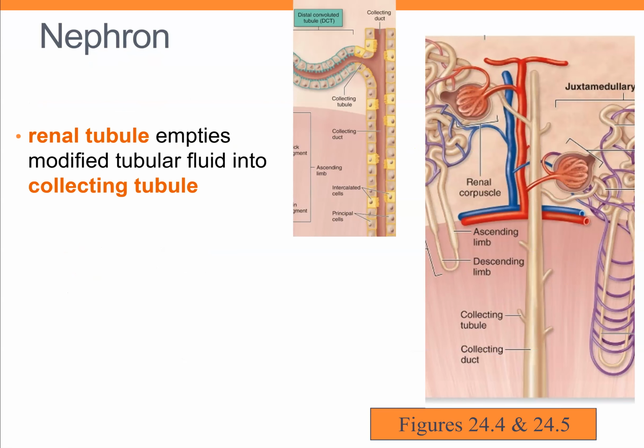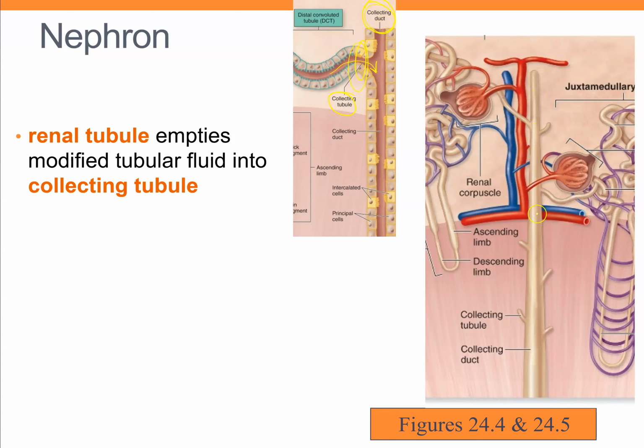So then, at the other end, the distal end, you've got your distal convoluted tubule, and that distal convoluted tubule is going to empty into the collecting tubule first, and then the collecting duct. And you see the same thing here.